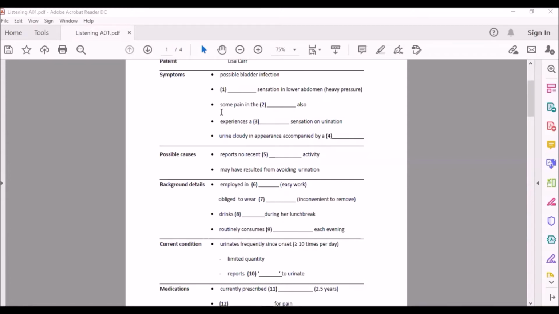So this reading at first, the left side, will help you understand the context and know the order of the dialogue, because not all the dialogues are going to have the same topics and they're not going to have the same structure. You won't find symptoms before causes. You won't find medications last.